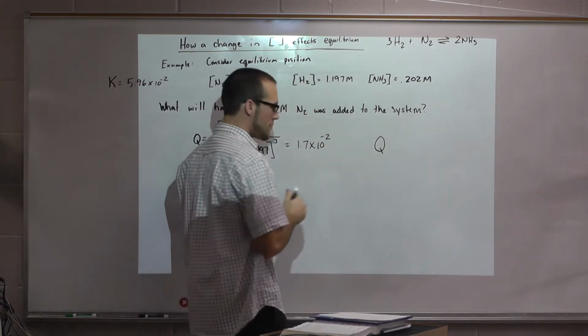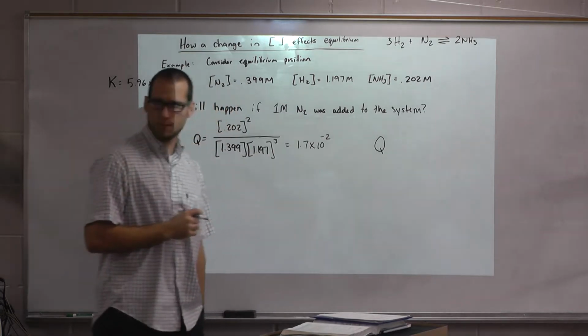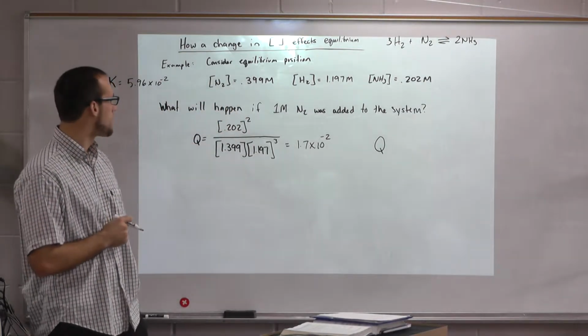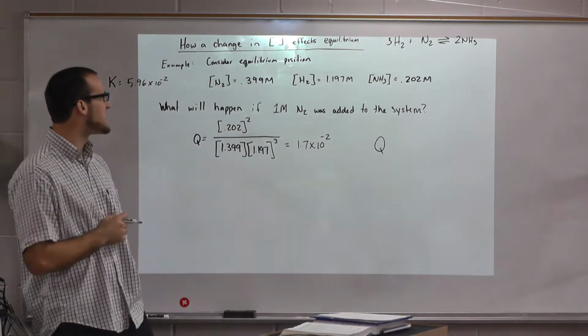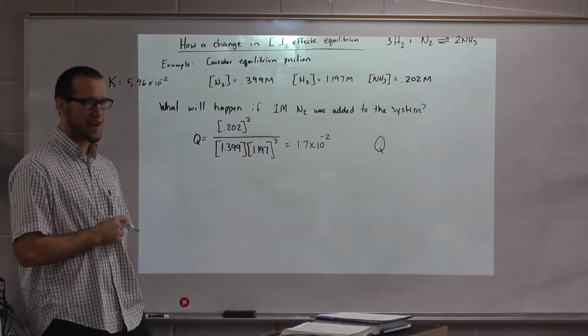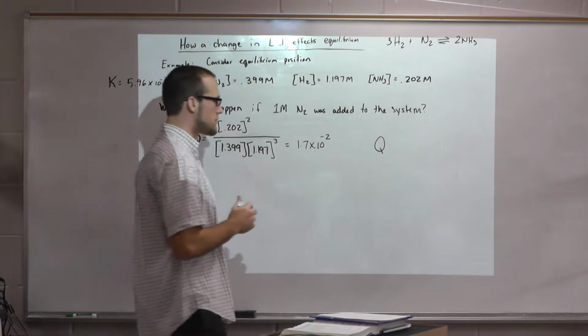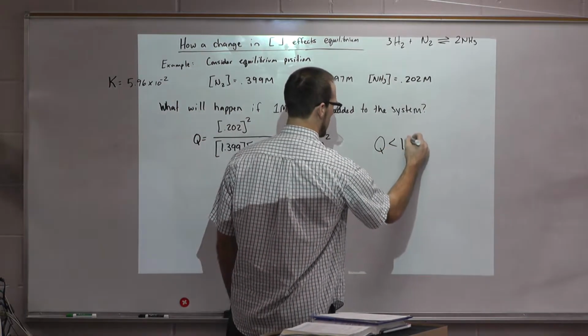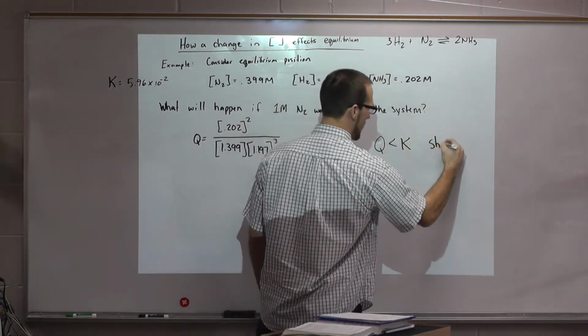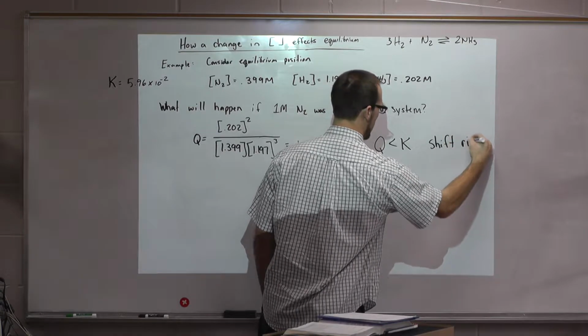Q is actually less than K. Oh. Those negative exponents are tough sometimes to figure out. Q is less than K. Okay, so we'll shift right.